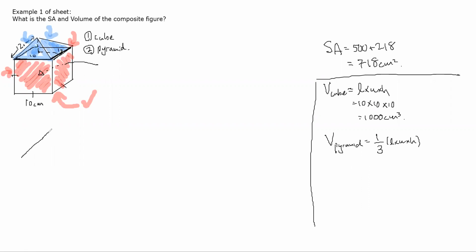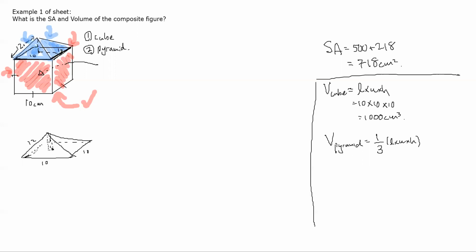For my pyramid, knowing that this is a 10 and knowing that this is a 12, and I need this height, here's what I'm going to do. Assuming that this is a perfect pyramid, which it is, right, 10 by 10, the location of the height is perfectly in the middle of my square base.